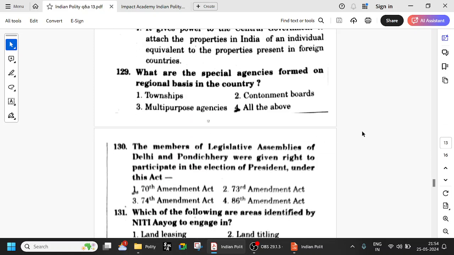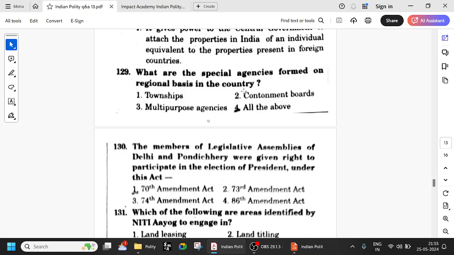So what are the special agencies formed on regional basis? Municipal corporation, as I said, for large cities, then municipal councils, then nagar panchayats, cantonment boards. Cantonment boards are where there is a military or defense establishment.